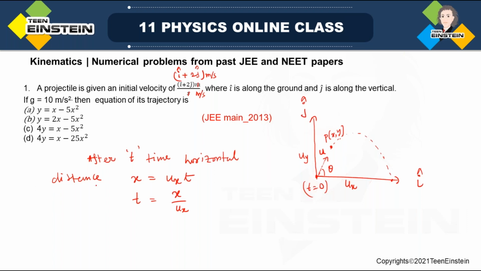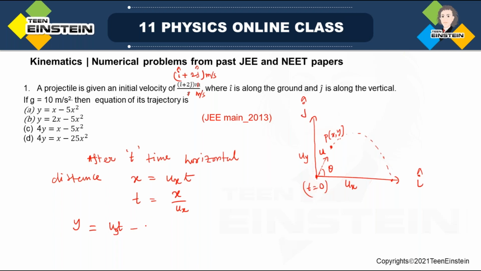Okay, now what about y? Initially at t equal to 0, suppose the velocity was 0. That is what we will be taking here. So we know u along the y direction, uy t. No, I should not be taking uy equal to 0 here, because in general we are trying to find out.